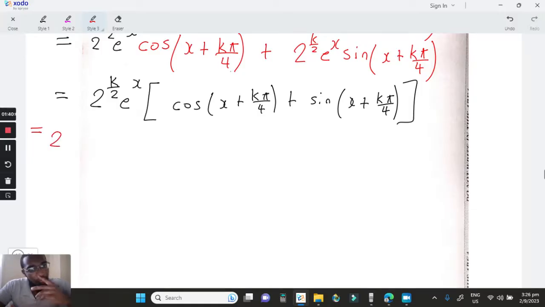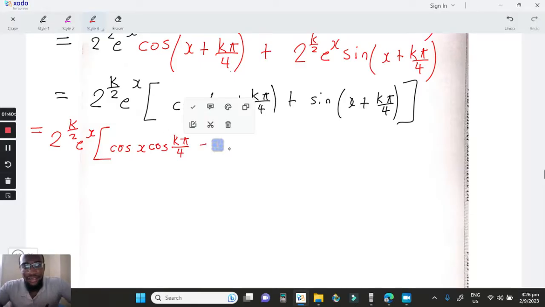So what we're trying to generate here, so let's see, this is 2 to the k over 2 e to the x in bracket. This becomes cos, so cos x, cos k pi over 4. So it is cos minus sine. Then this part now is plus.